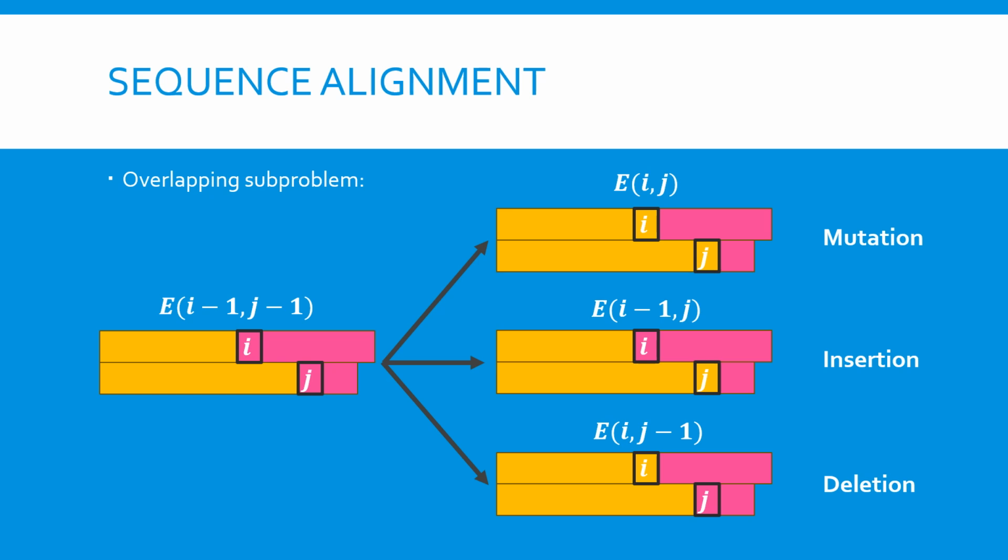From the figure, we observe that the solution of E(i-1, j-1) is reused in constructing the solutions for E(i,j), E(i, j-1), and E(i-1, j). As a result, E(i-1, j-1) is referenced by multiple subproblems, making it an overlapping subproblem.